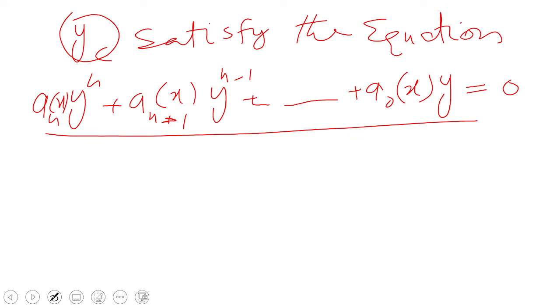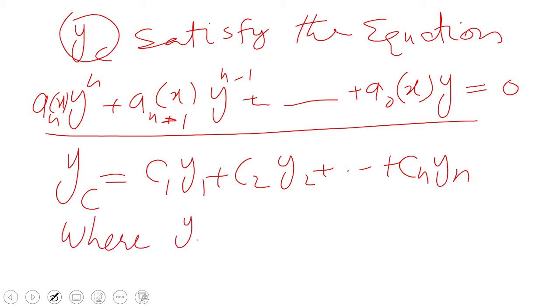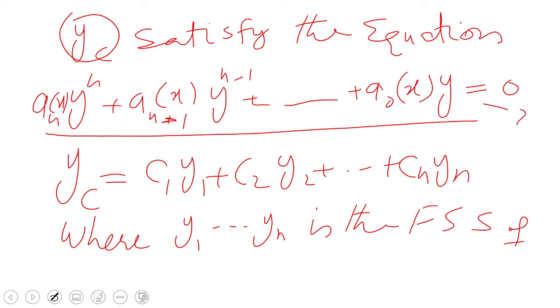So this is the solution of the nth order linear homogeneous equation, and it can be written in this way: c1 y1 + c2 y2 + ... + cn yn, where y1 to yn is the fundamental set of solutions of equation 2.